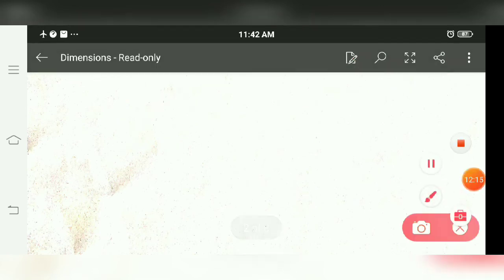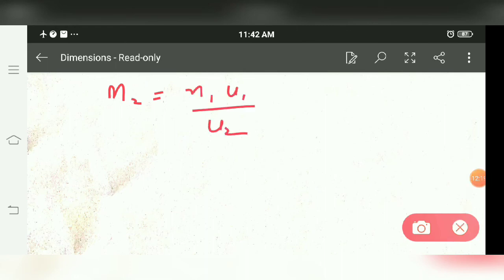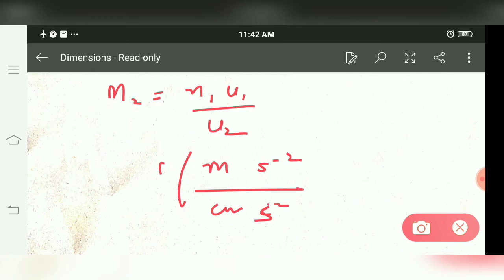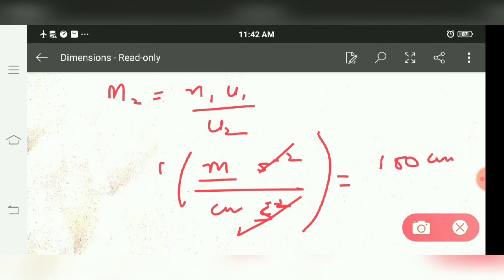So to find n2, we do what? n1 u1 by u2. n1 is 1, u1 is meter per second square, u2 is centimeter per second square. Per second square gets cancelled. Where 1 meter equals 100 centimeter upon centimeter, centimeter gets cancelled with centimeter.